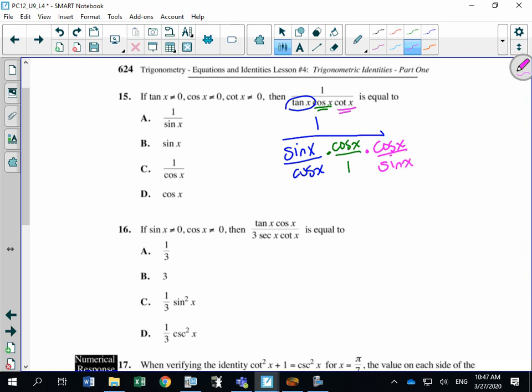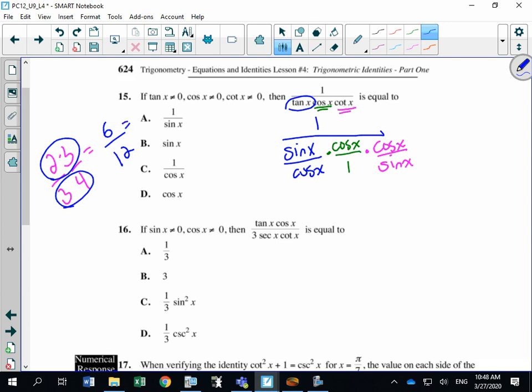sine x. Now remember when you have fractions, so for example, if I had 2/3 times 3/4, what we do with fractions is we multiply numerator times numerator, which would be 6, and denominator times denominator, which would be 12. The other thing we could do is reduce if I needed to.